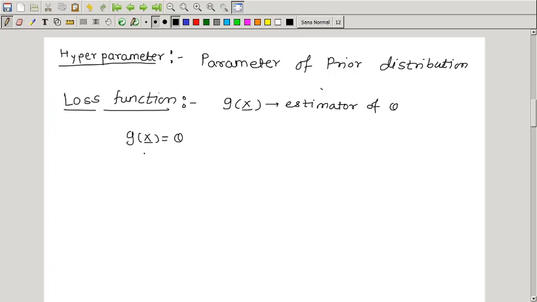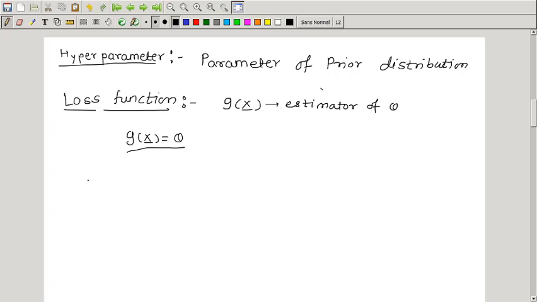There is one very commonly used loss function, and it has three types: quadratic or squared error loss function, absolute error loss function, and one more is all or nothing or 0 and 1 loss function.